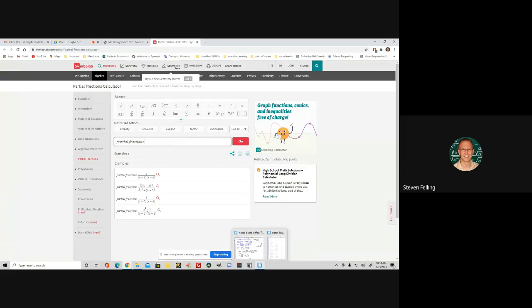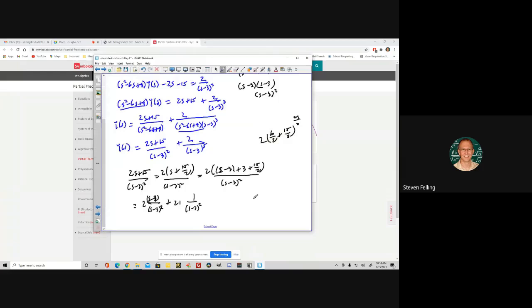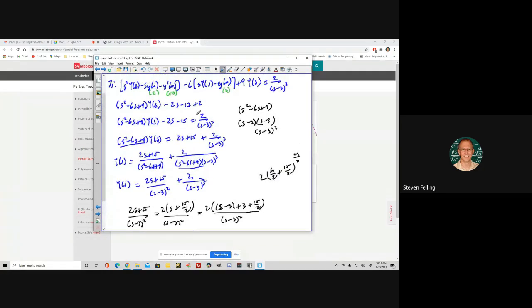Oh no, the mistake is actually in my answer right here. So let me back up. There's an error up here. This is 12, not 2, which makes this 5, which makes this 5, which makes this 5. And that means I need to redo this.